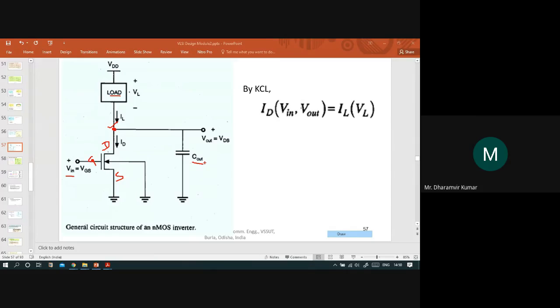But for the static characteristic, this Cout will simply be neglected, because for steady state conditions a capacitance behaves as an open circuit, and we assume that no current flows between this point and this point.